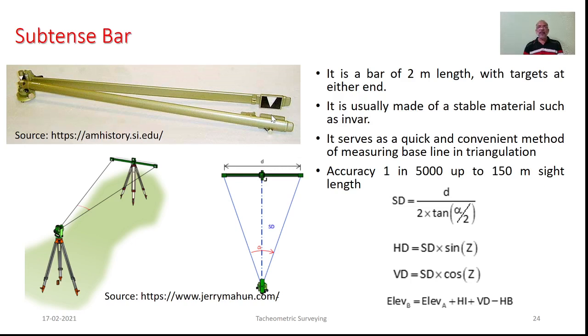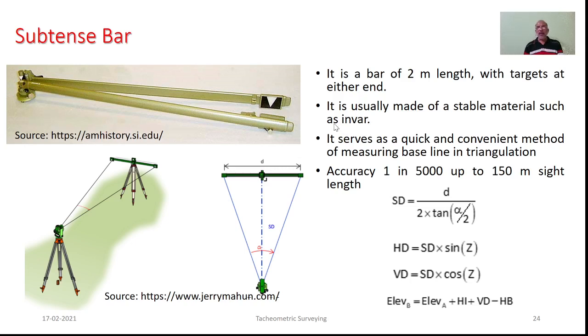which can be illuminated by making use of some light source, and the distance in between these 2 targets is kept constant in such a manner that the distance is given by some stable material like invar.